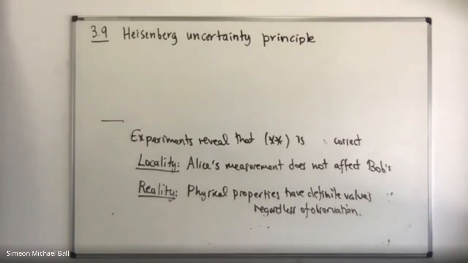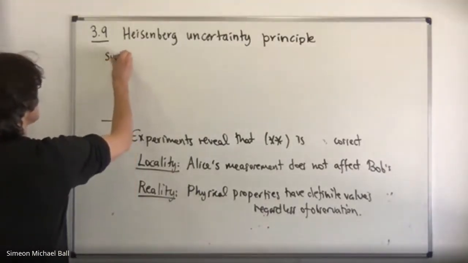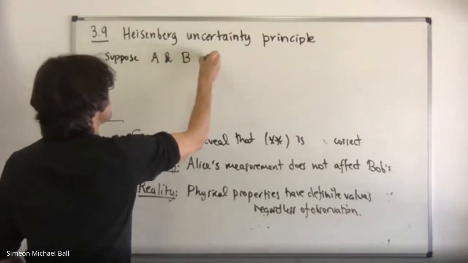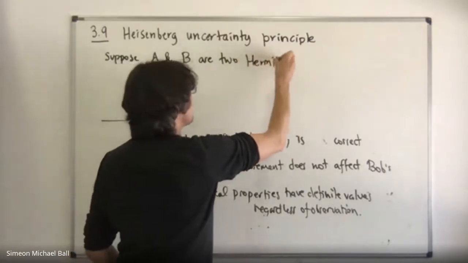So I'm just going to prove the bound, and then we'll look at some examples and check that it works. Okay, so let's suppose A and B are two Hermitian operators.